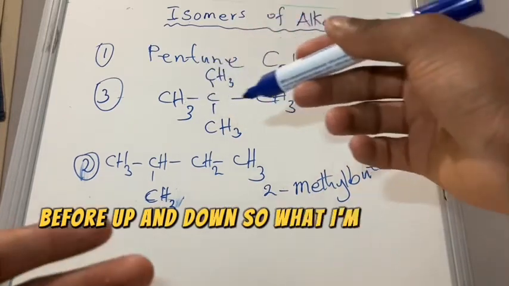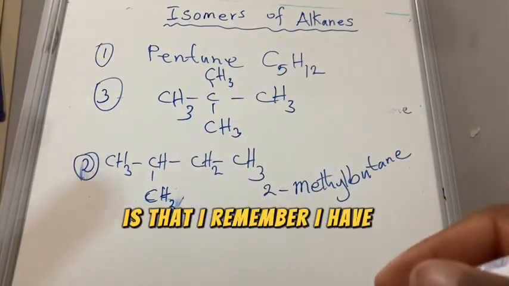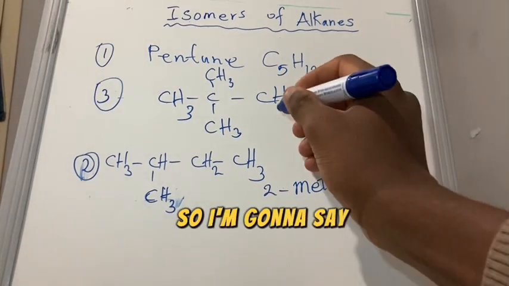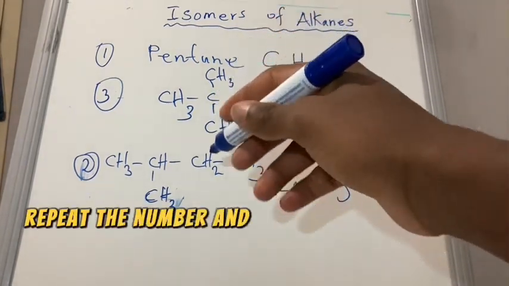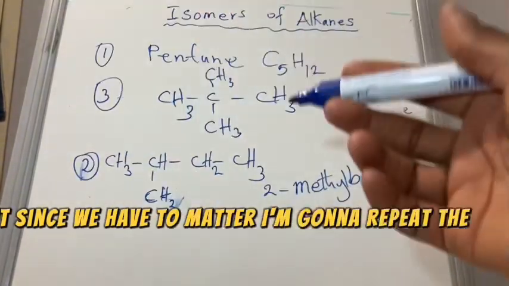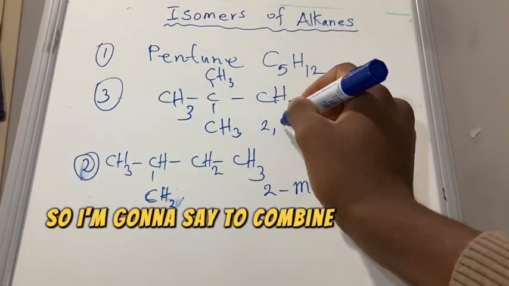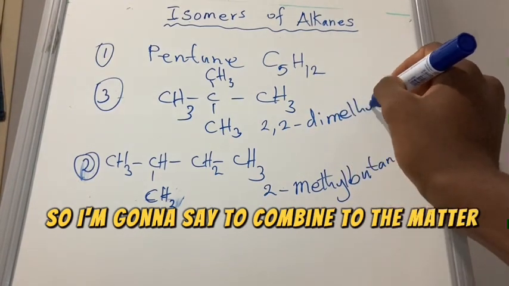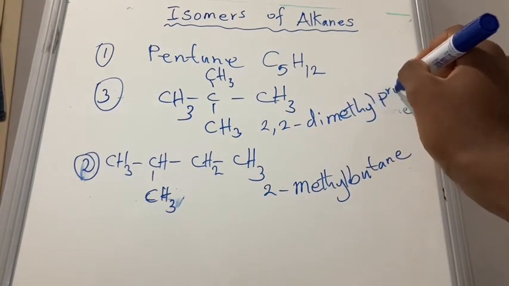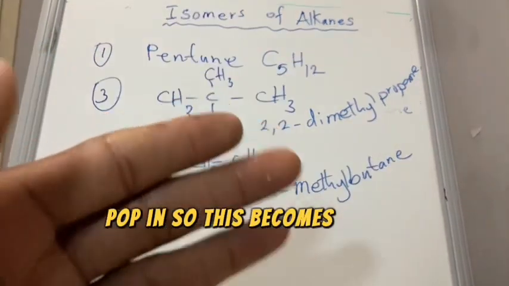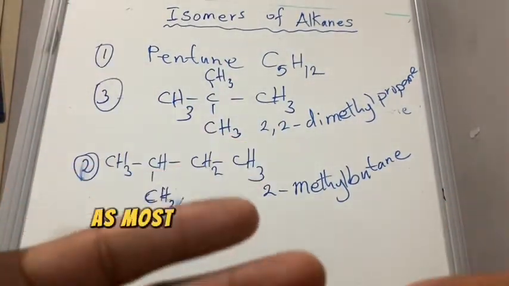In my last video, I said that when we have 2 of the same group, we repeat the number. So I'm going to say 2,2-dimethylpropane. This becomes my third isomer of pentane.